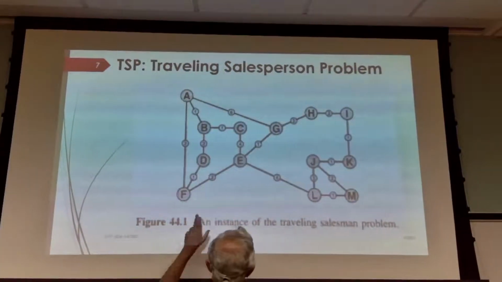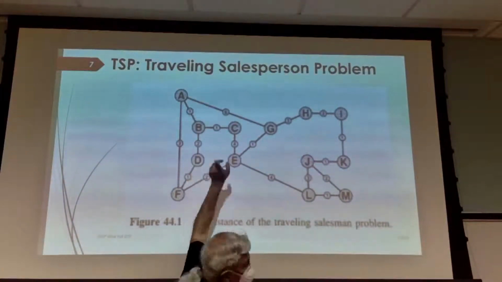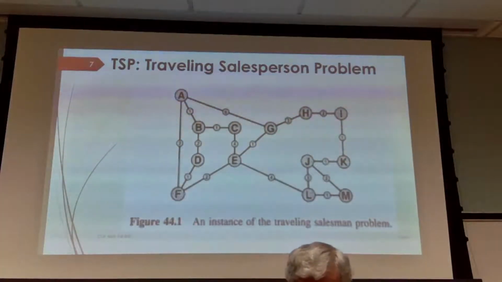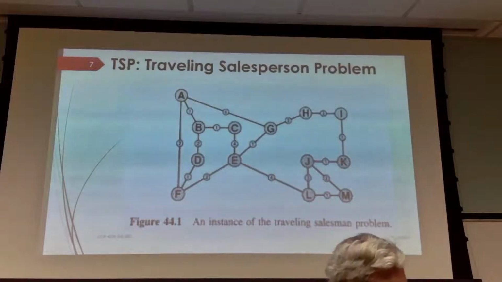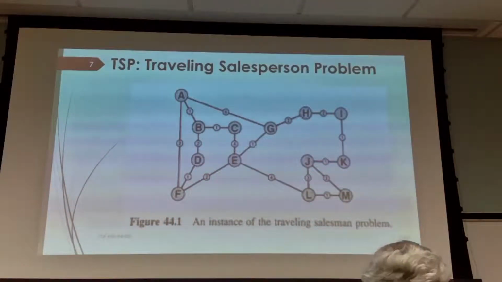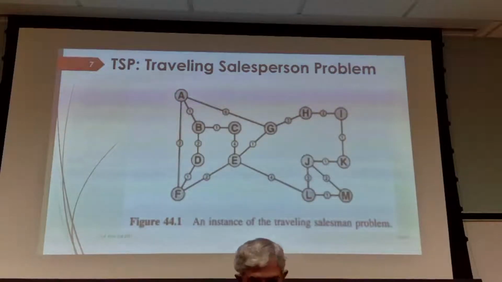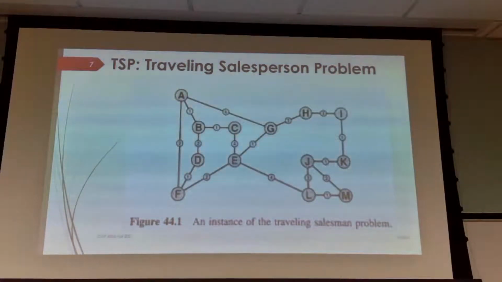But you can have F followed by E or D or A. Does that make sense? Your entire tour has to be correct. Also, in the end, you have to come back to the start point. That's the traveling salesperson tour problem. Now, the question is simple. Print out all possible tours and print out their lengths.